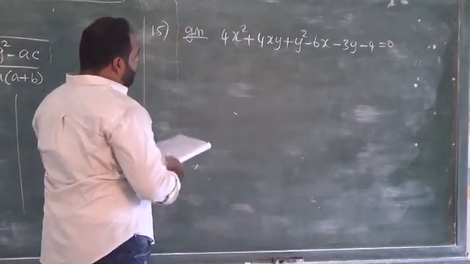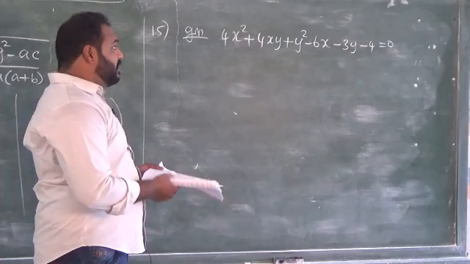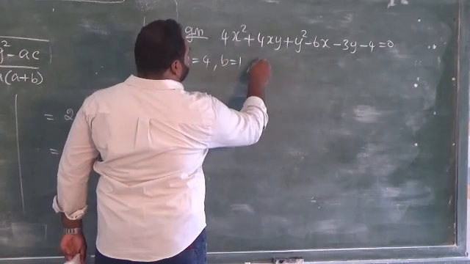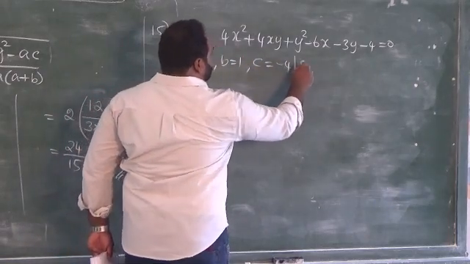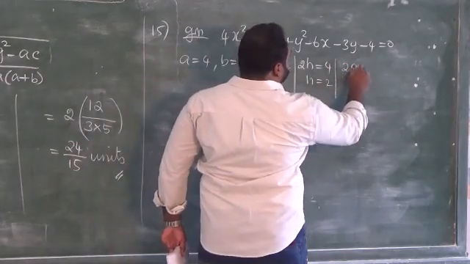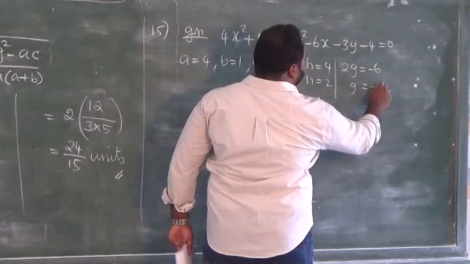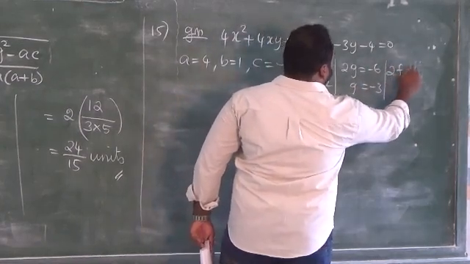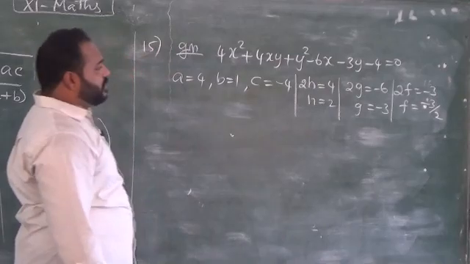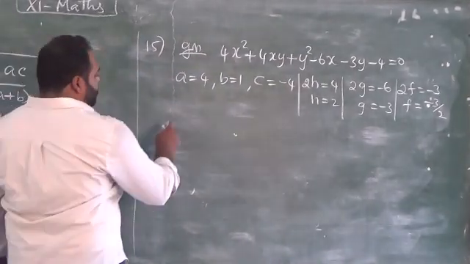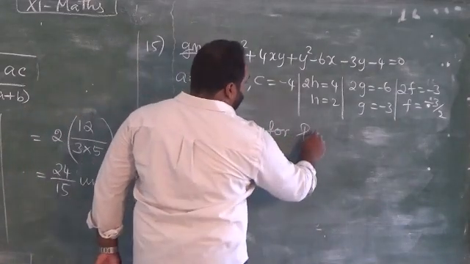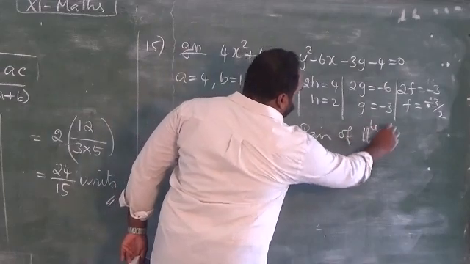As soon as we write the given question, first we will write all the values. A value is 4, B value is 1, C value is minus 4, 2H value is 4, so H is equal to 2. 2G value is minus 6, so G value is minus 3. Then 2F value is minus 3, so F is minus 3 by 2. After writing all the values, we can go for the condition for a pair of parallel lines.